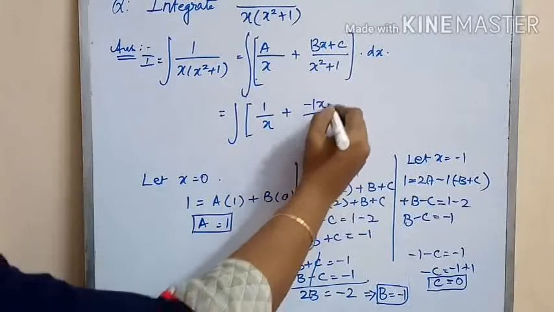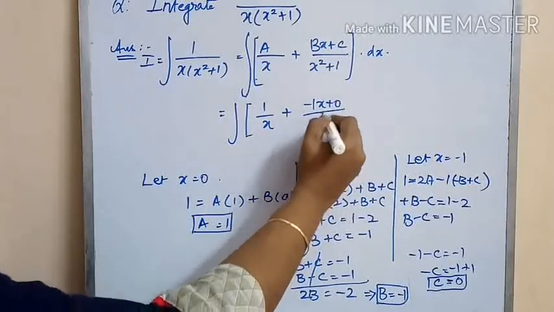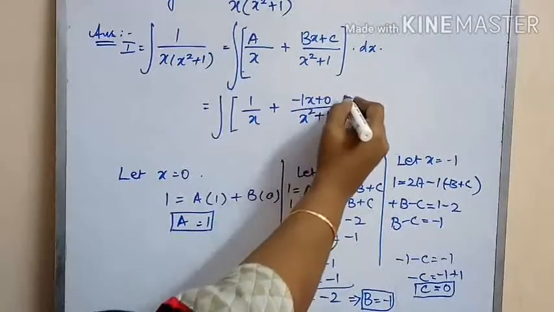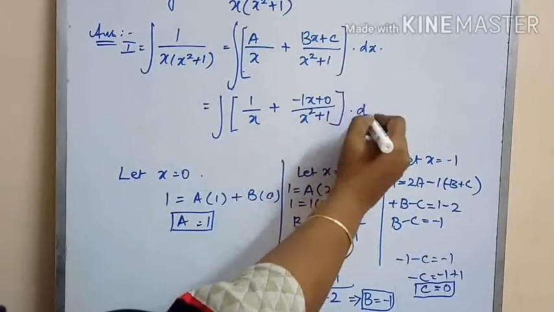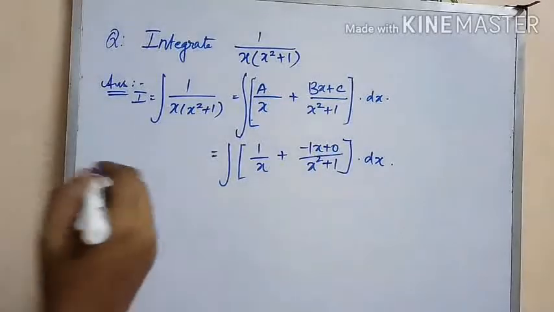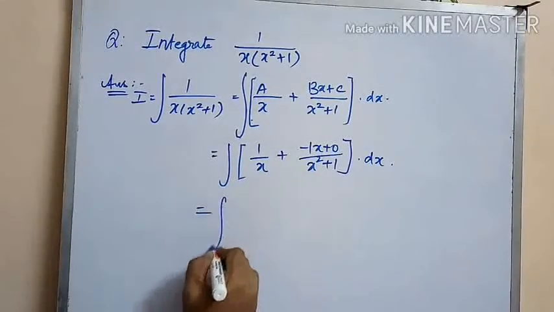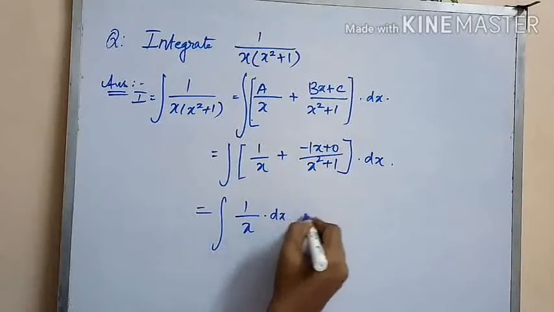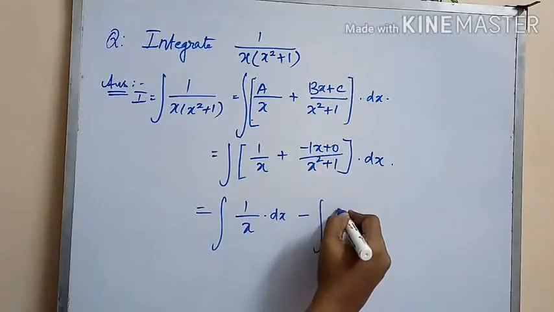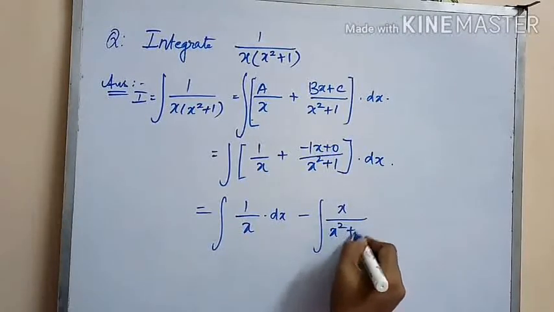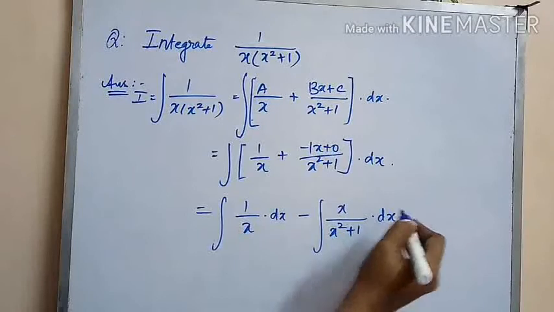So we get I is equal to integral of 1 by x plus minus 1x by x squared plus 1 into dx. So the next step will be integral of 1 by x into dx. Let us separate the fractions. Minus x by x squared plus 1 into dx.